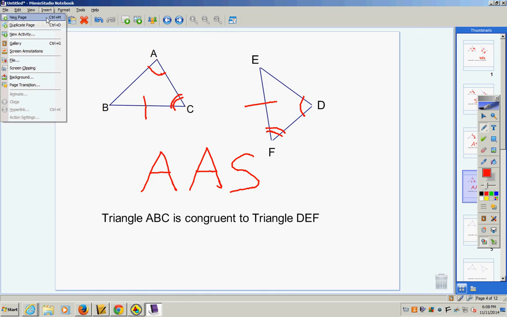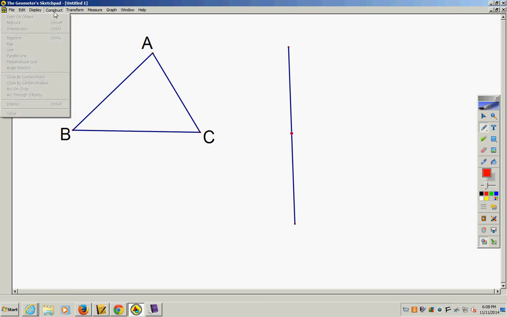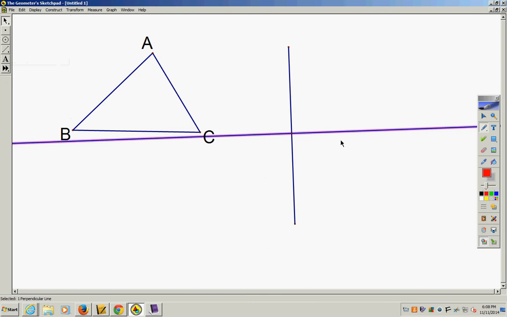So I'm going to insert a new page here. We'll go back to this drawing. I'm going to construct a right triangle here. I'm going to highlight this line, construct a perpendicular line, make sure it's a right angle.